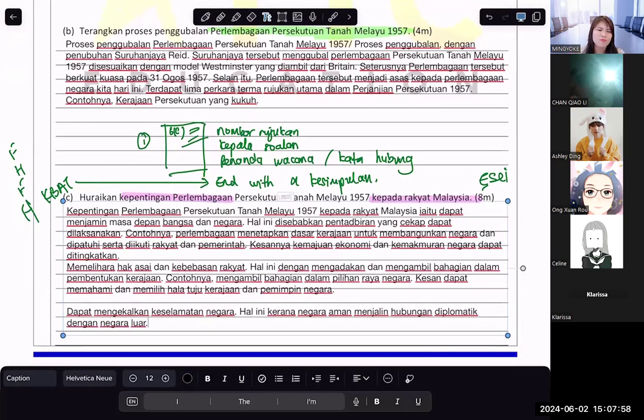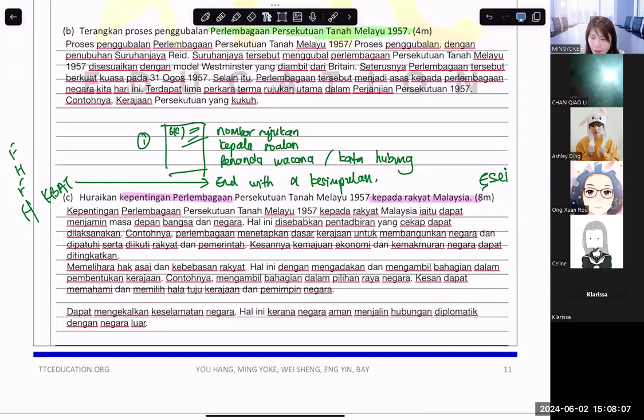You can have a lot, actually. Because perlembagaan is our federal constitution. It can ensure our future because our administration is efficient, effective. And our constitution determines our structure. Finally, it develops our economy and prosperity.